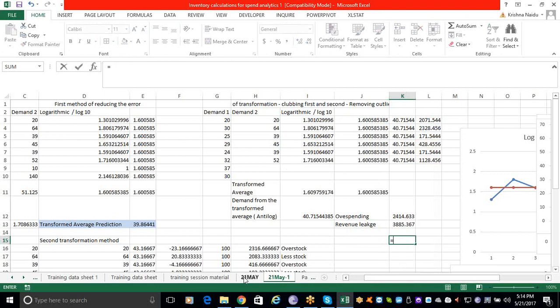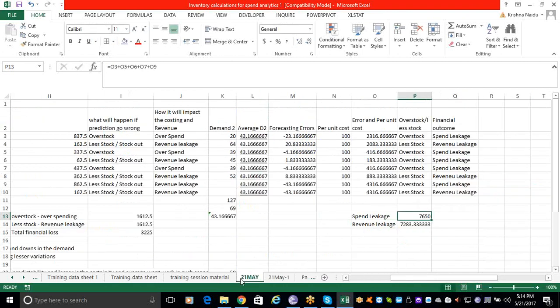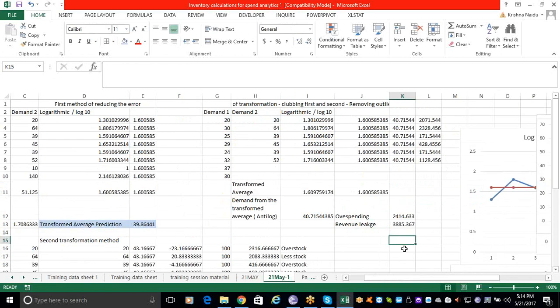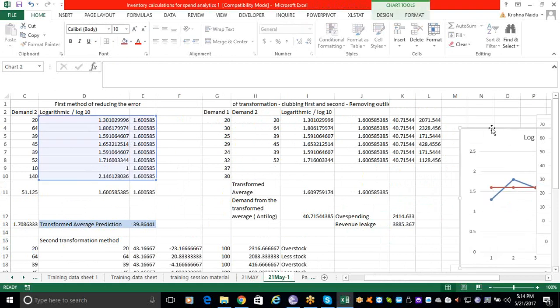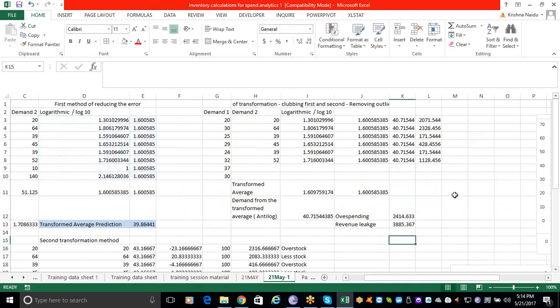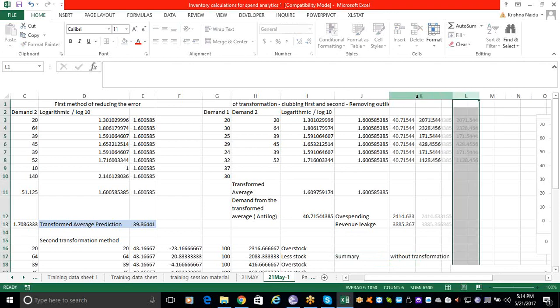So the first case is spend leakage is 765. Let's write down all those things. Let's summarize this. Without transformation. Okay.